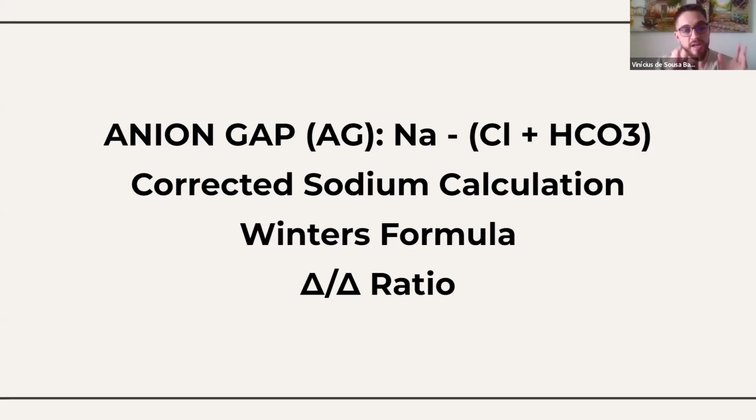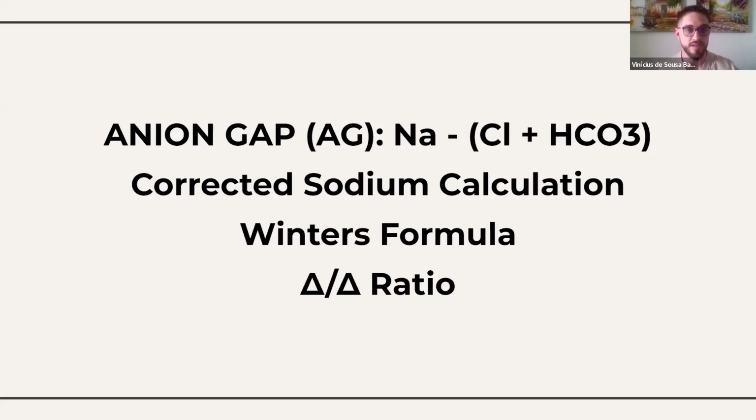And for each 100 milligrams of glucose elevation, you need to add 2 mEq of sodium. So 5 times 2 will be equal to 10, and you need to add this 10 to the sodium that you measured initially. So 130 plus 10 will be 140. The corrected sodium calculation is 140.